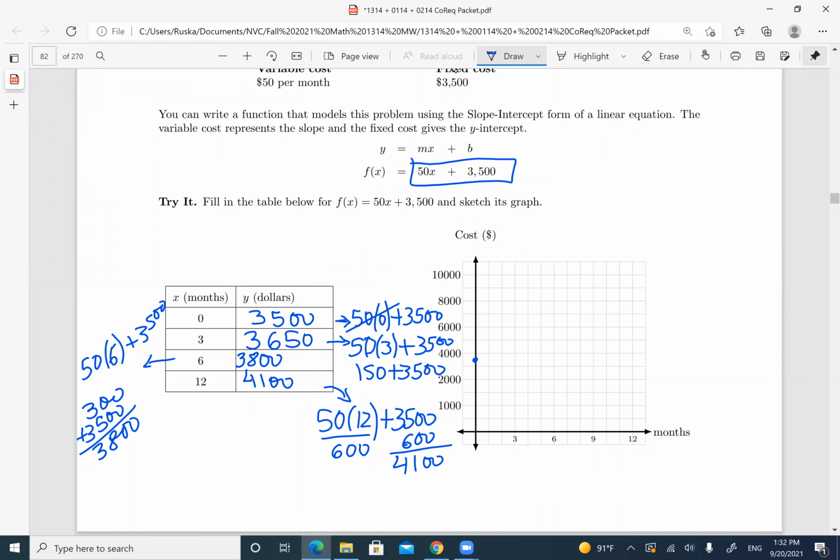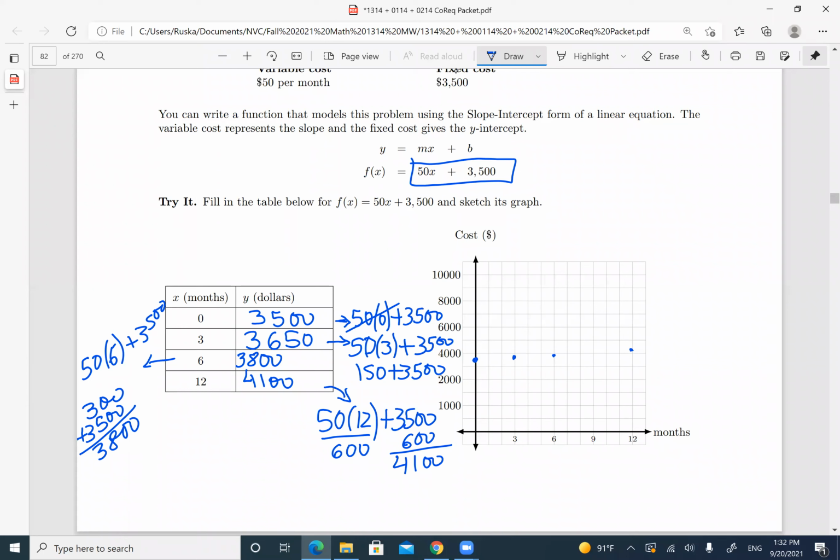Then after that, I have x is 3, and then it's gonna be a little bit more, right? 3,680. And then 6 is gonna be 3,800, a little bit more, close to 4,000. And when it's 12, it's gonna be above 4,000, 4,100.